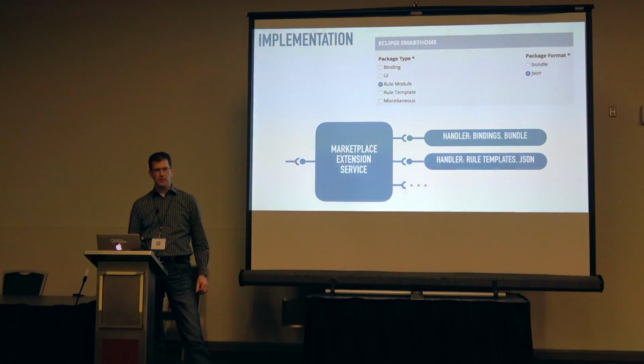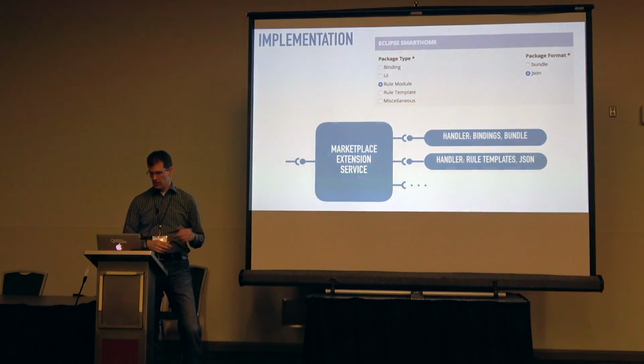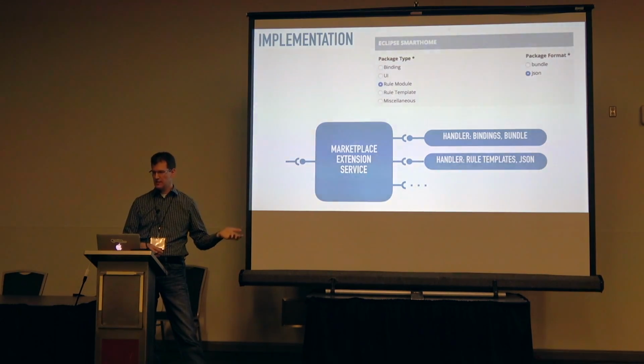Okay, just a few words about the implementation side. What I've shown are the package types, binding and rule template. We're also planning to have further types available, like having specific UIs made available, having rule module implementations, and other stuff.